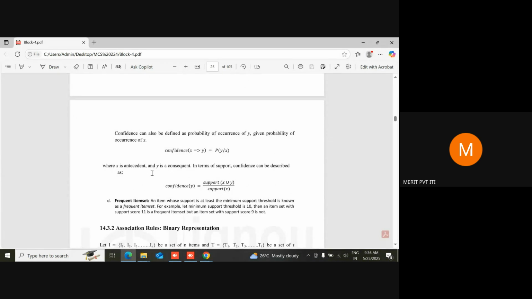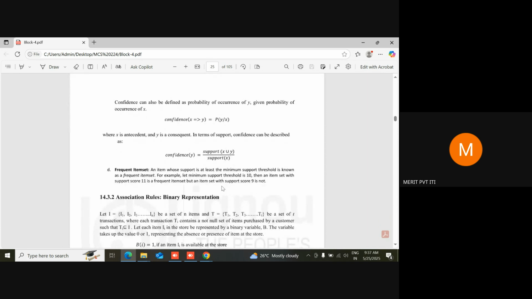Then confidence can also be defined as confidence of X implies Y, where X is the antecedent and Y is the consequent. In terms of support, confidence of X implies Y is support of X and Y, divided by support of X. Then there is the frequent item set.